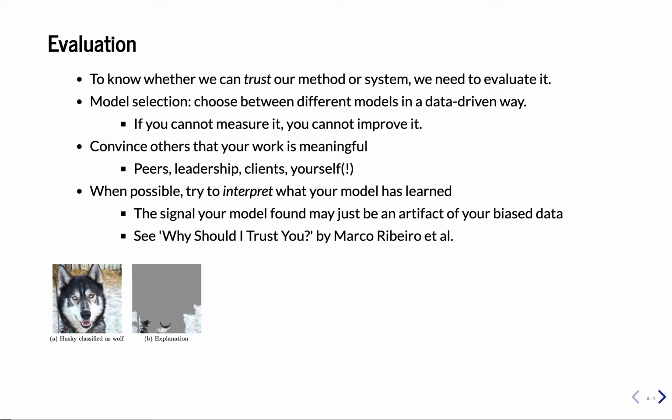So the model did a good job classifying these huskies and wolves, but it did well because in the training data, the wolves typically had snow in the background and huskies didn't. So there can be some bias in your data which can completely distract your model.